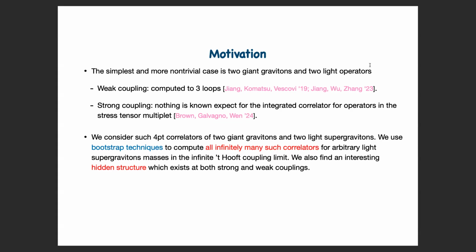And you have this number for arbitrary gauge group rank and coupling, so you can go to the strong coupling regime. This is interesting, but on the other hand, it's still just one number. And so far, it's only possible to get this integrated correlator for the simplest such 4-point function, where the light operators are the superconformal primaries of the so-called stress tensor multiplet.